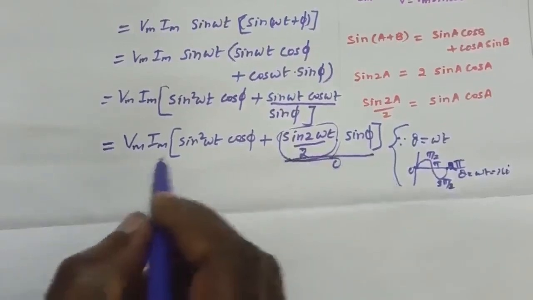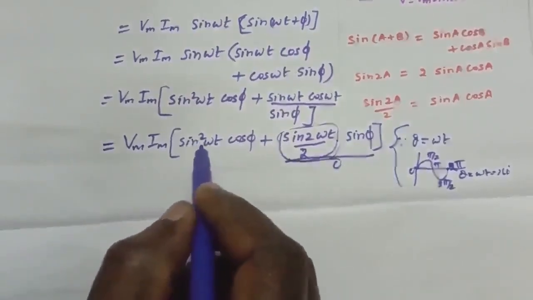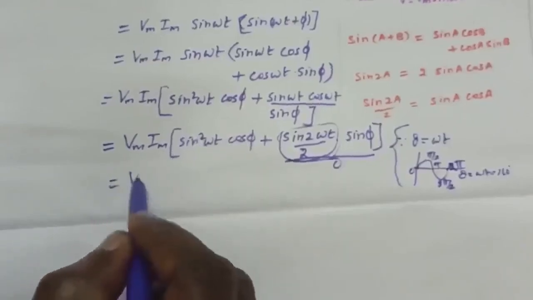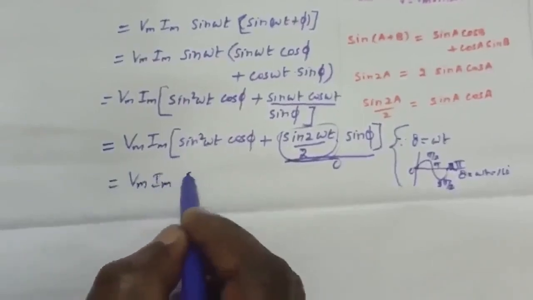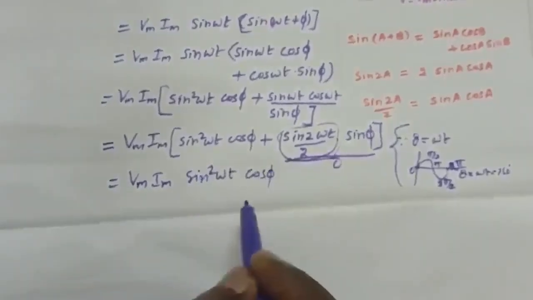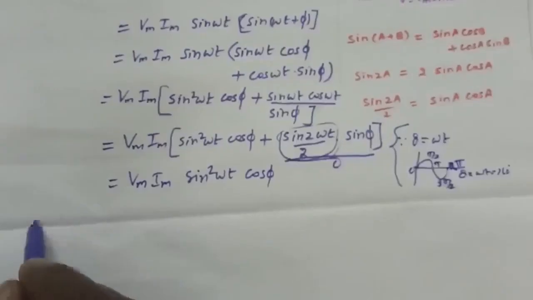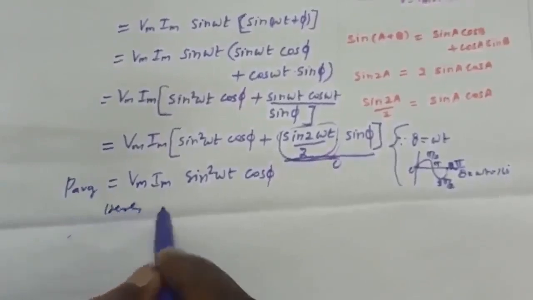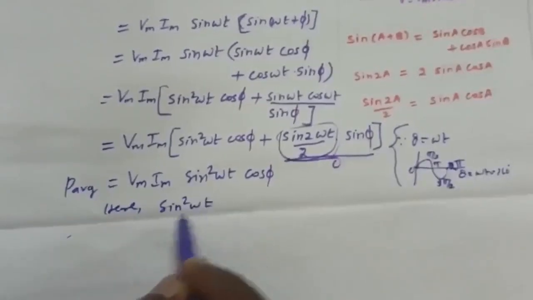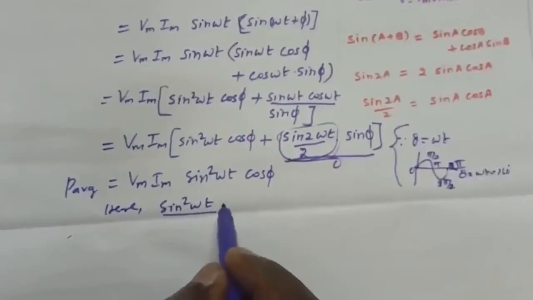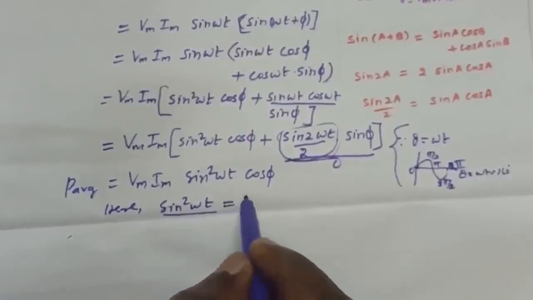Now the sine square omega t term. Here students, the power average is Vm Im sine square omega t into cos phi. Listen here: sine square omega t is nothing but the power average of sine square omega t over one complete cycle, which is 1 by 2.